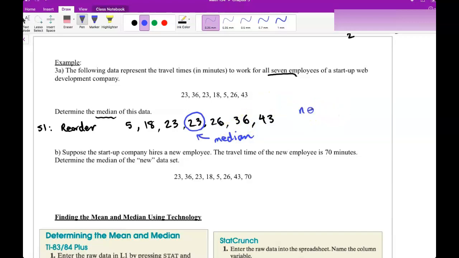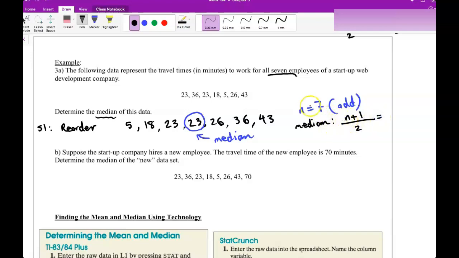So n was equal to 7, and that was an odd number. Now let's see where that is located. Obviously this is 4th place. So 1st, 2nd, 3rd, 4th place. Since we have odd, we're going to use n plus 1 divided by 2.